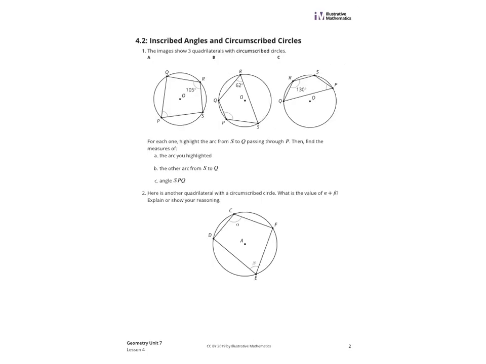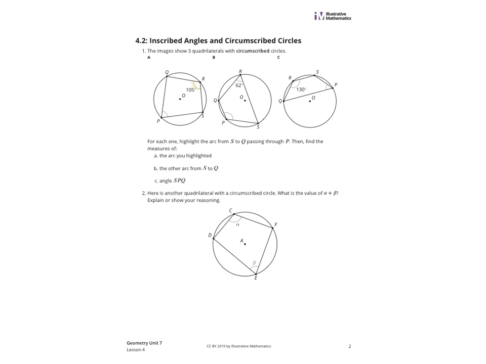So let's take a look at 4-2 on the next page. So let me grab my highlighter, and I want to look at this circle. We know that angle R is 105 degrees. And angle R is an inscribed angle because it's on my circle.